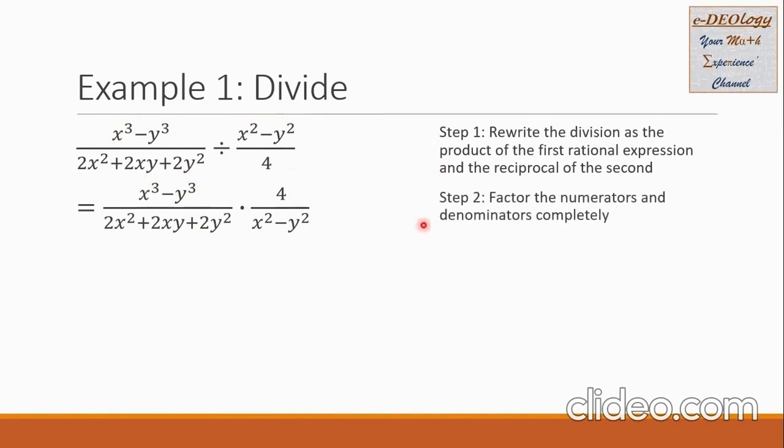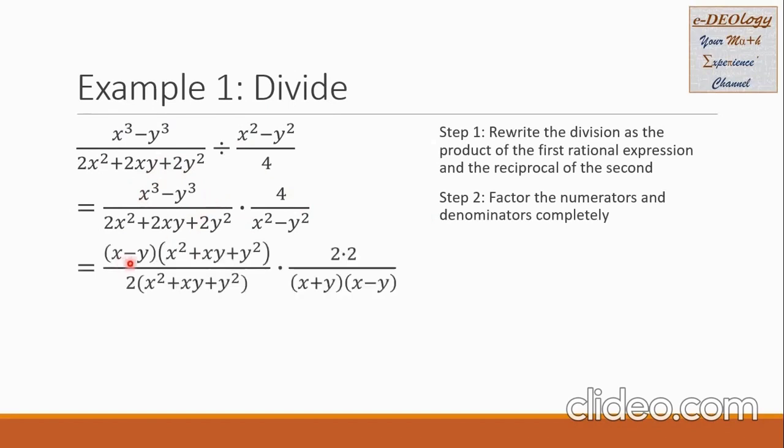And step 2, we will factor the numerators and denominators completely. Our numerator in the first rational expression, x cubed minus y cubed, this is the difference of two cubes, so the factors are x minus y times the trinomial x squared plus xy plus y squared.